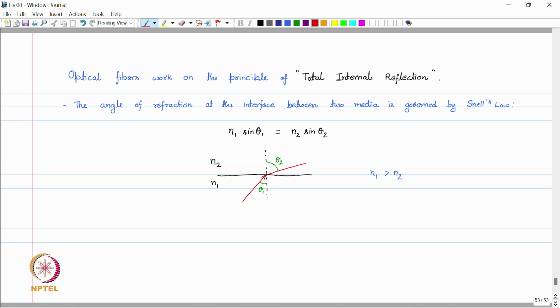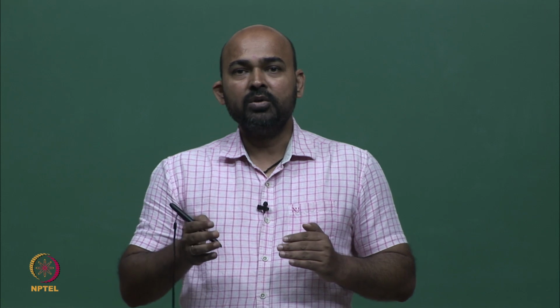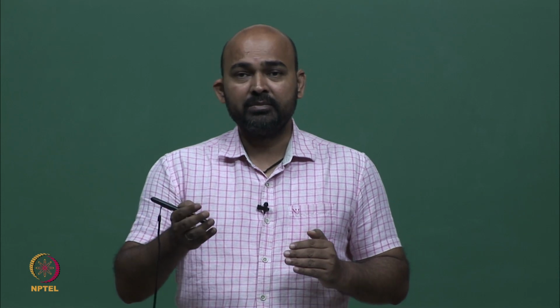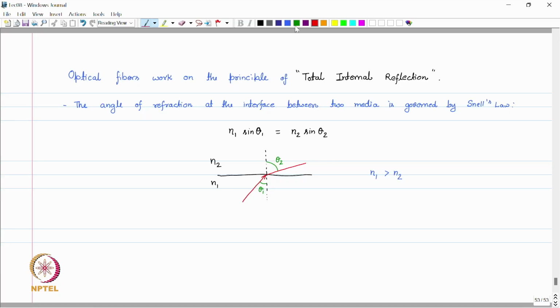Now, if we keep on increasing theta 1, at some point this theta 2 angle will become 90 degrees. It means when the wave is incident on this interface, the wave does not go into n 2, the other media, which we can call the cladding, and this is the core.